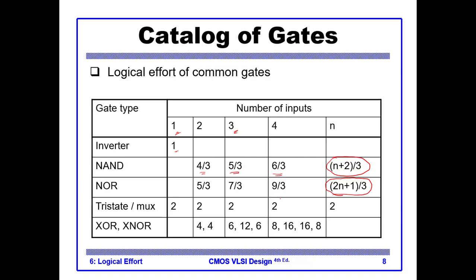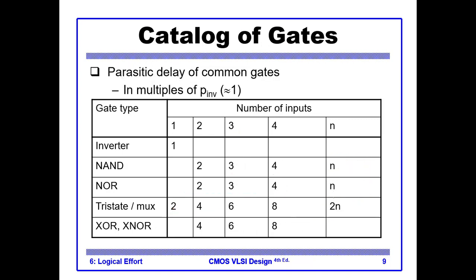Now interesting is the case of this MUX or tri-state, where the logical effort is constant at 2. But if I go to the next table, this is the table for parasitic delay P. Remember that delay was GH plus P. So P is the parasitic delay, the internal delay of a gate. In case of the MUX, you see it depends on the number of inputs.